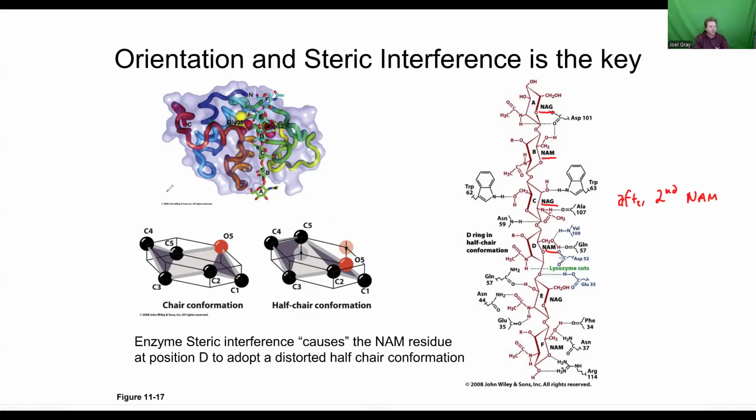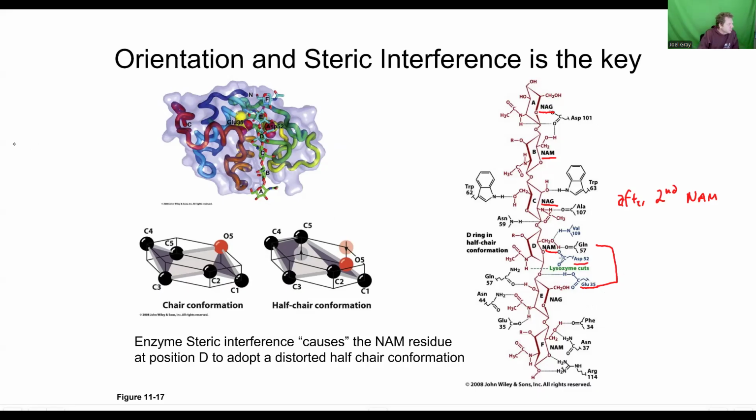Now, what I want to draw your attention to here is we've got a couple of amino acids that are highlighted as being important in the active site. Right here, aspartate 52 and glutamic acid, or glutamate 35. Those are two amino acids that are pretty critical for the cleavage of this glycosidic linkage.